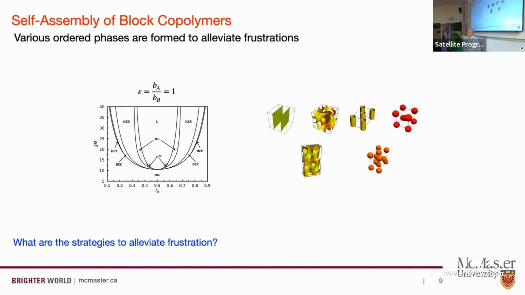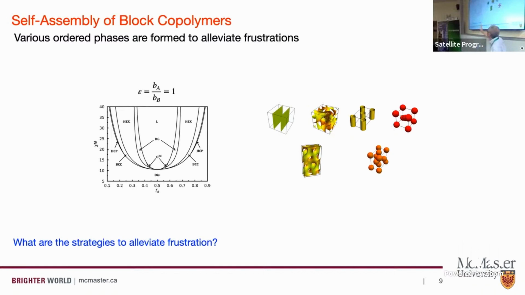If you change one block to be small, it will go through the cylinders and spheres. Between cylinder and the layered structure, this network phase comes in, and that's all well known up to 2010 or so.